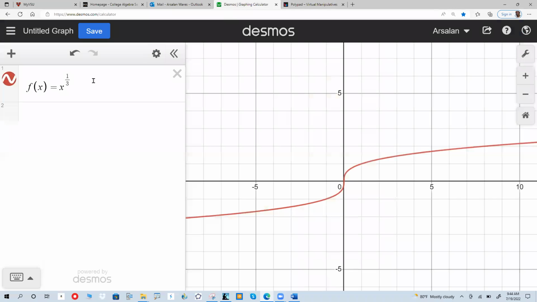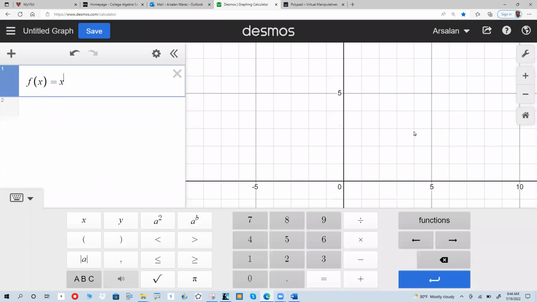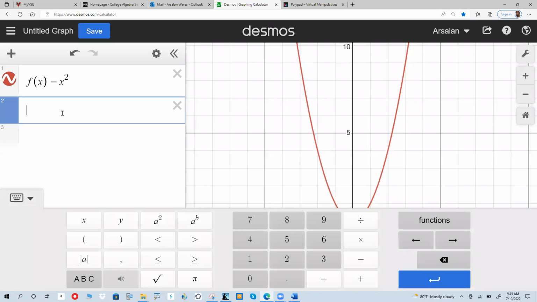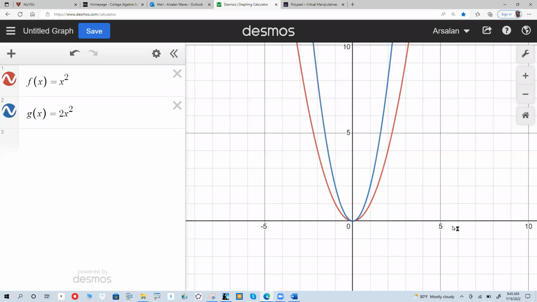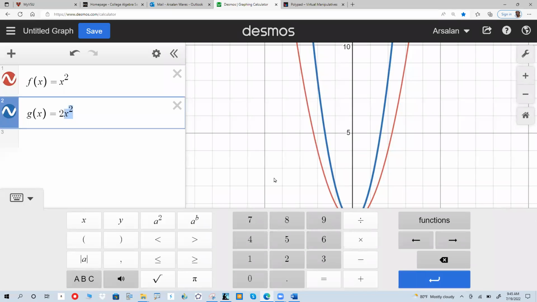Let's look at our Desmos, and we're going to take a simple curve. Okay, let's take x squared. It's the quadratic function, and it's a parabola and all that. Now look at the g of x. I'm going to write it like so.